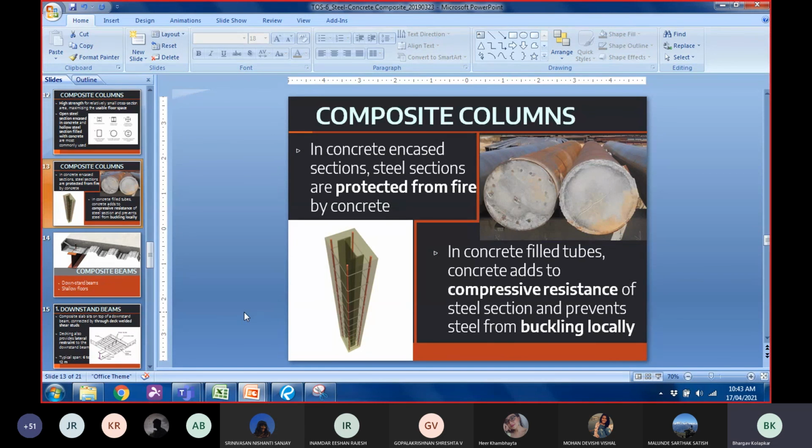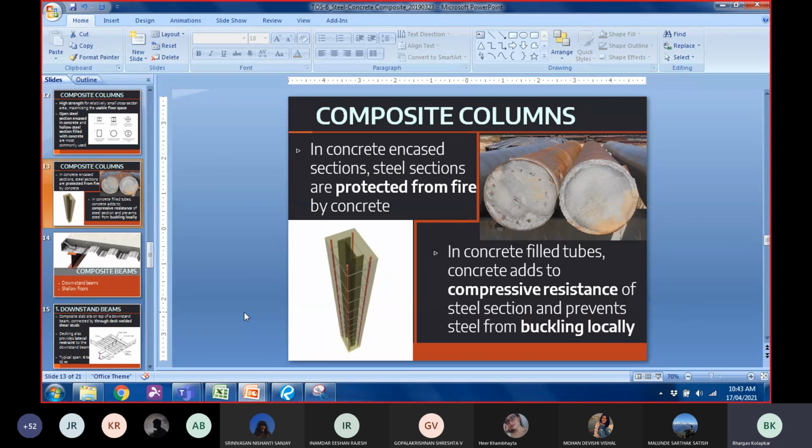What we follow is we first develop a framing for both systems, because the spans and the size of sections might be different in both systems. The next step is how much space are we really saving? The third step is what is the cost of the space that we have saved? And the fourth step is what is the total cost of the construction of one type of system and the other type of system.